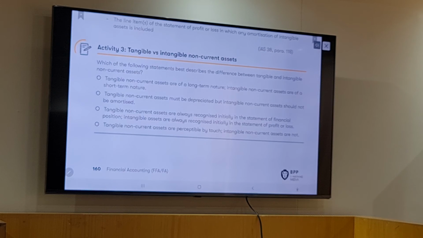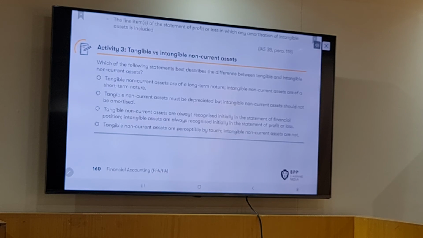No, intangible also we need to recognize. We have to recognize both. They are saying tangible non-current assets are always recognized initially, meaning at the beginning. Intangible assets are always recognized initially in the statement of profit and loss. Nonsense, that's not right. Answer is 4.